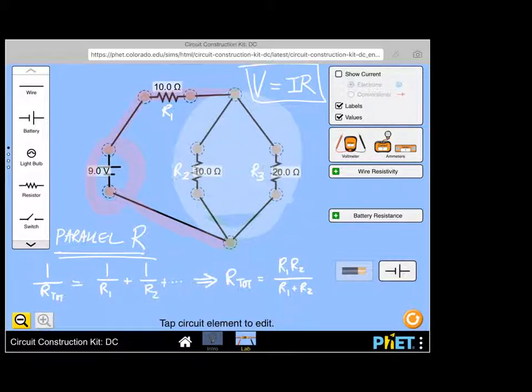We need to reduce, if you will, that parallel network down to a single resistor. What would be an equivalent resistor for this parallel branch? And then once we know what that is, we could add that to the one that it's in series with, and we would have a total resistance for the circuit, etc., etc.